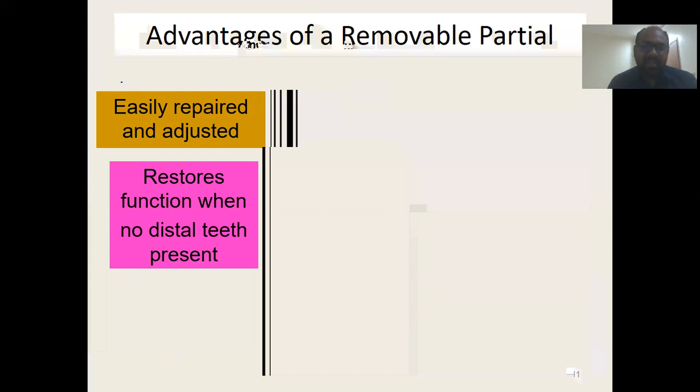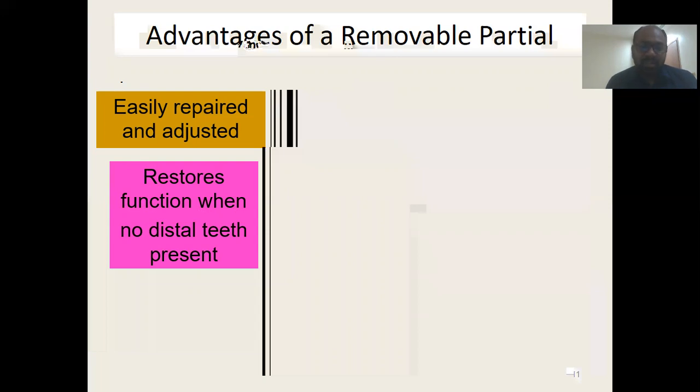As I said a little while ago, for a fixed partial denture you need support on either side, teeth both in front and behind, so that a fixed prosthesis can be fabricated. Whereas if you do not have teeth distally, in the posterior region, you could fabricate a removable partial denture.